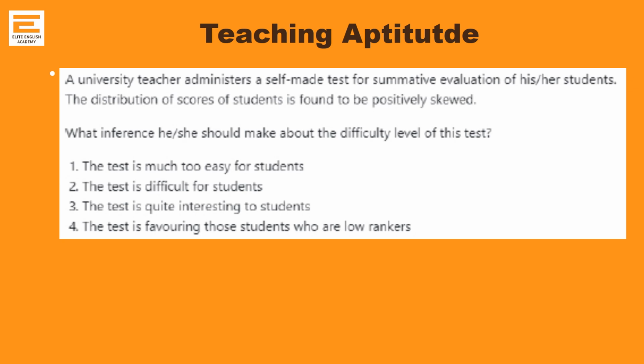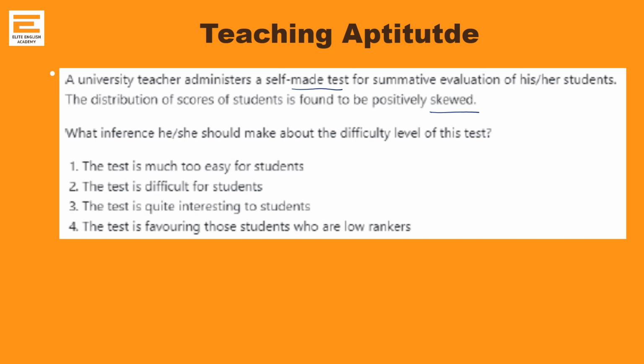Another question in teaching. A university teacher administers a self-made test for summative evaluation of his or her students. The distribution of scores of students is found to be positively skewed. Right. So what inference he or she should make about the difficulty level of this test?